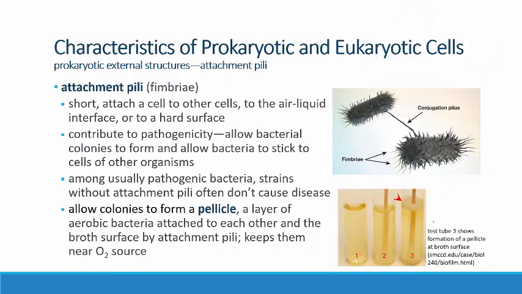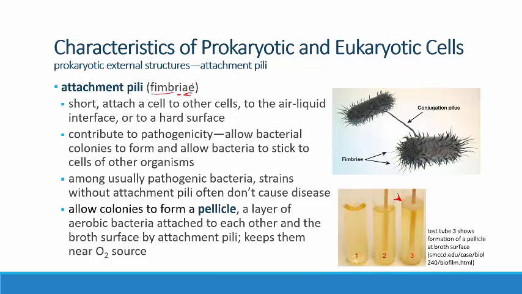And the other kind of pili that we see are attachment pili. These are short little hollow tubes of pilin as well. They can also be called fimbriae, which is a weird term, but fimbri, that's the first I, and then the AE also says E, so it's fimbriae.